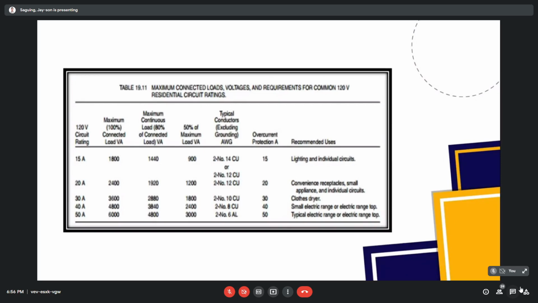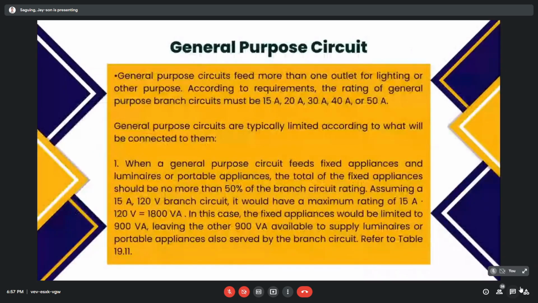You've noticed equal lang sila sa atong first column since the overcurrent protection device is related ra siya sa circuit rating sa load. And also sa last column, we have here the recommended uses niya. So for the 15 amps, 120 volt circuit rating, ang iyang recommended uses is for lighting and individual circuits. So same rules apply na dayon from the remaining values diri sa 120 volt circuit rating.